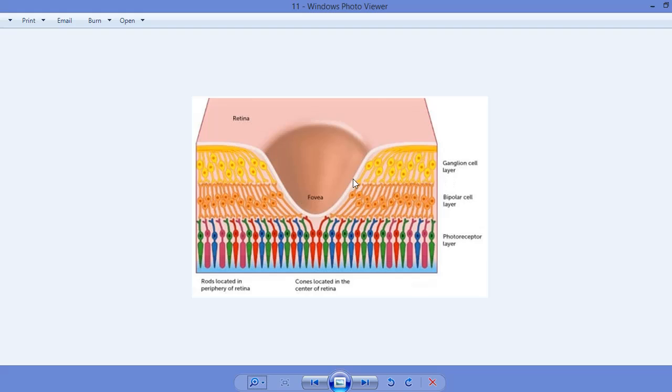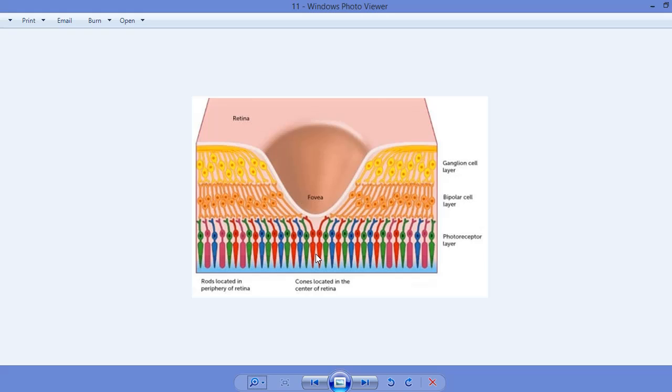For example, this is the fovea. In the fovea, the reflection of the image will directly fall on the cones. That will not go through these two layers, because in the fovea the cones are exposed.